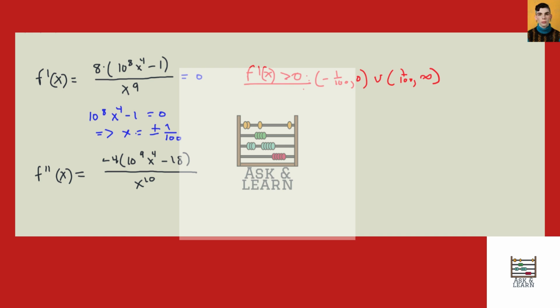And so this here is increasing, and it's decreasing when f prime of x is strictly less than 0. And this was just the rest of our interval for our domain: negative infinity to negative 1/100, union 0 to 1/100.